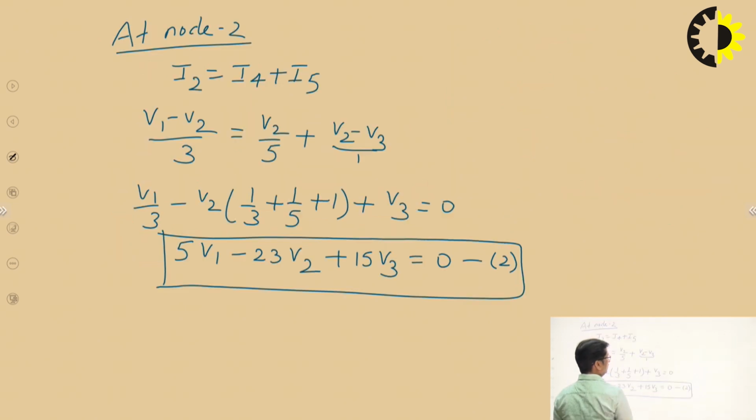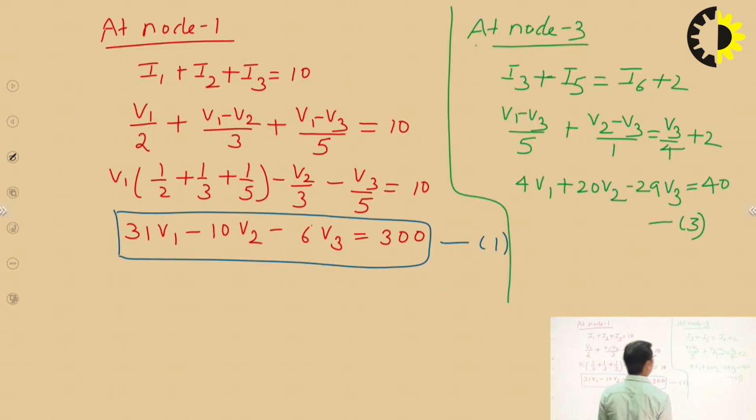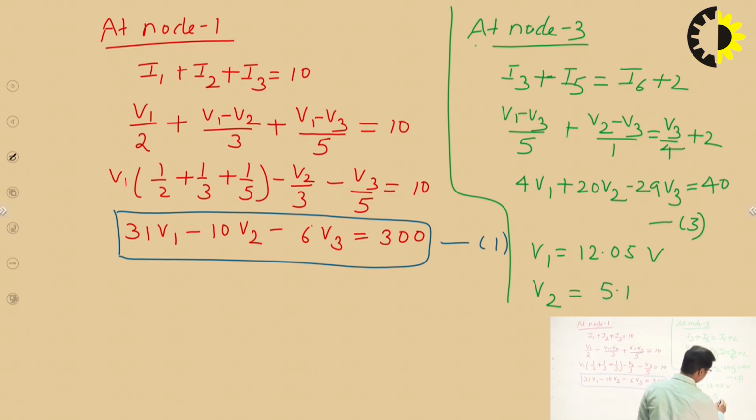So by solving equations 1, 2 and 3, three equations in three variables, the answer will be V1 equal to 12.05 volt, V2 equal to 5.1, V3 equal to 3.8 volt.